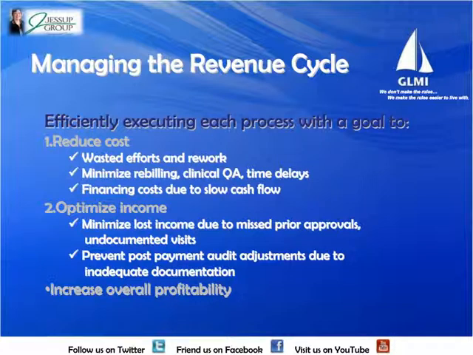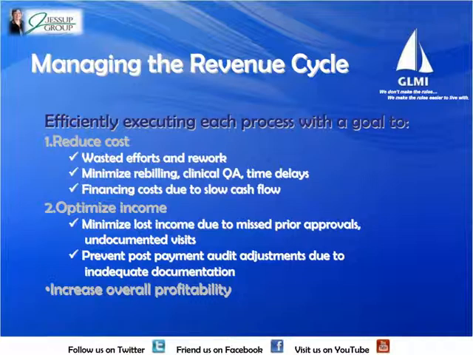Also, any time that you can reduce delays, the time it takes to collect the bill, you're going to save costs. First of all, if there's a reason in your organization that you have excessive quality review of charts that slows down billing, it takes longer to get the bill collected.